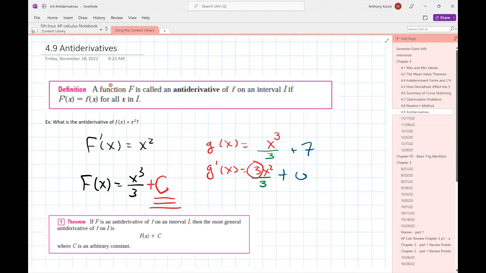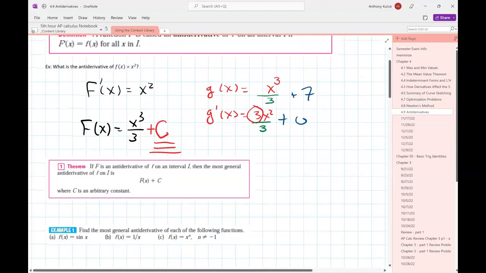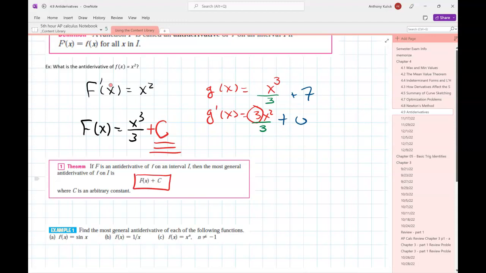But for right now, they do need to contain a plus c, which is what this next theorem is saying. It says if cap F is the antiderivative of little f on an interval I, then the most general antiderivative of f on I is cap F of x plus c, where c is an arbitrary constant. Okay?